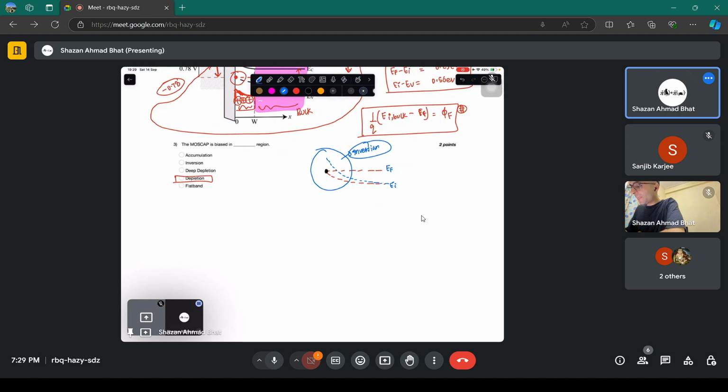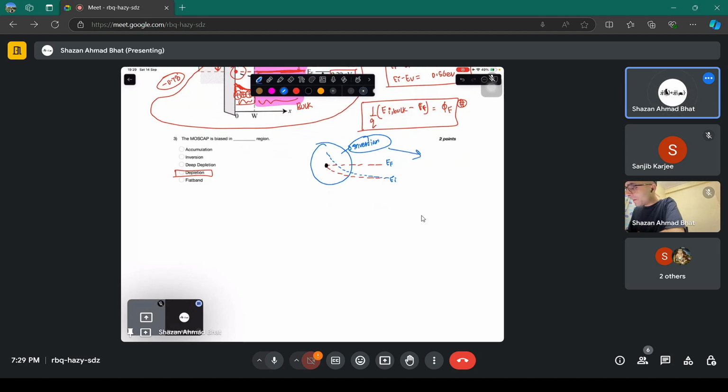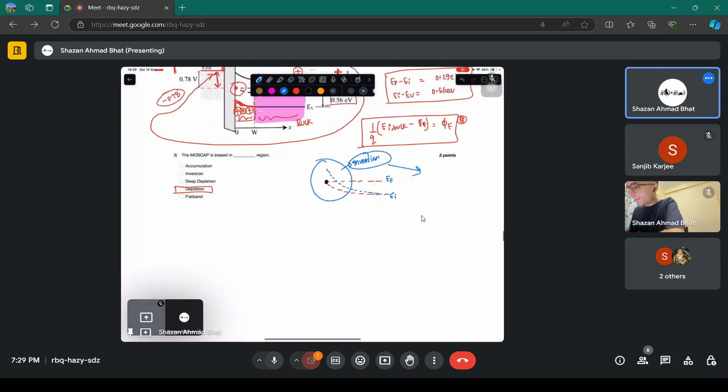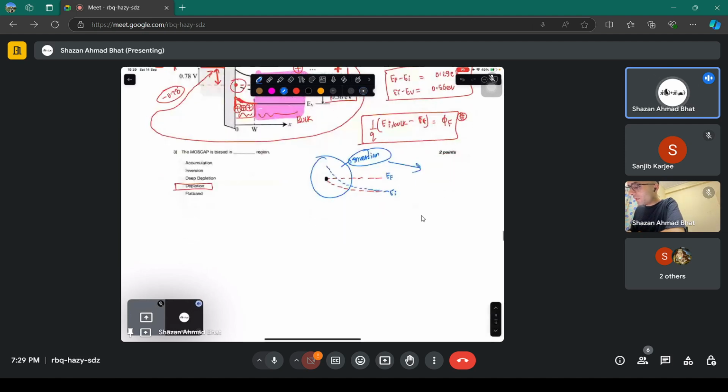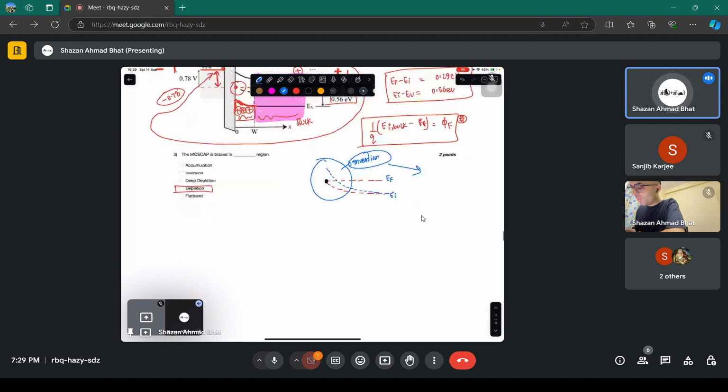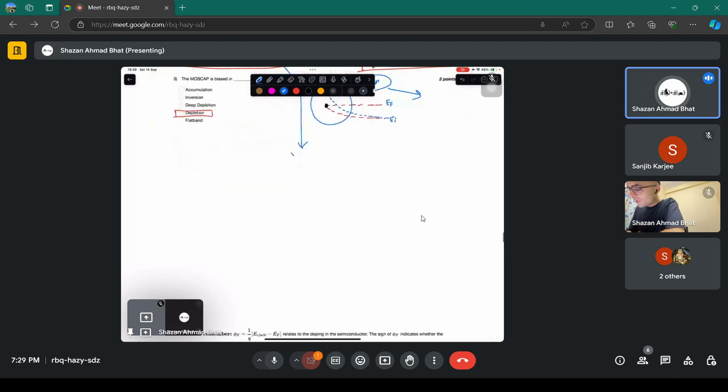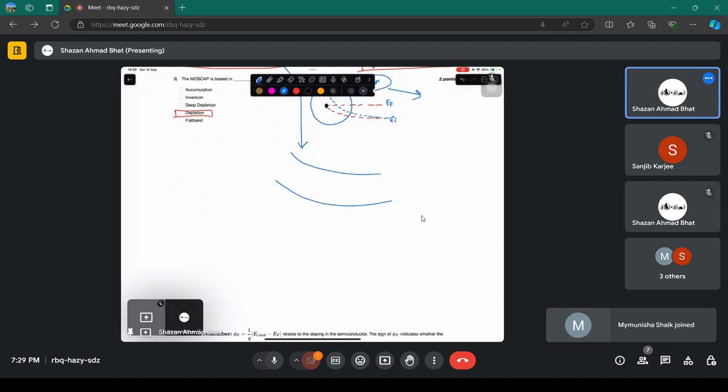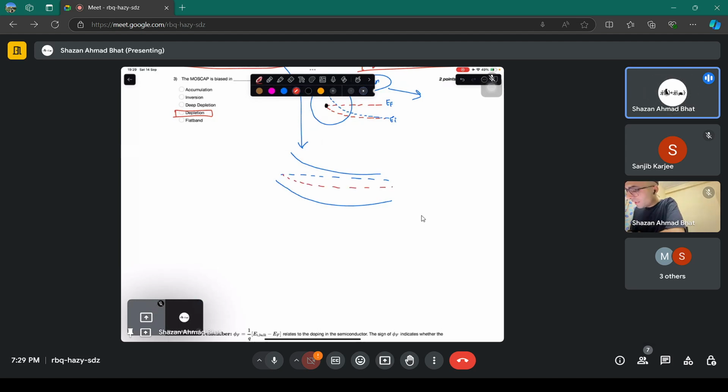Let me just zoom this particular figure. It was like this, where this is the Fermi level and this is the intrinsic level. They are just touching each other, which is an indication of the depletion region.